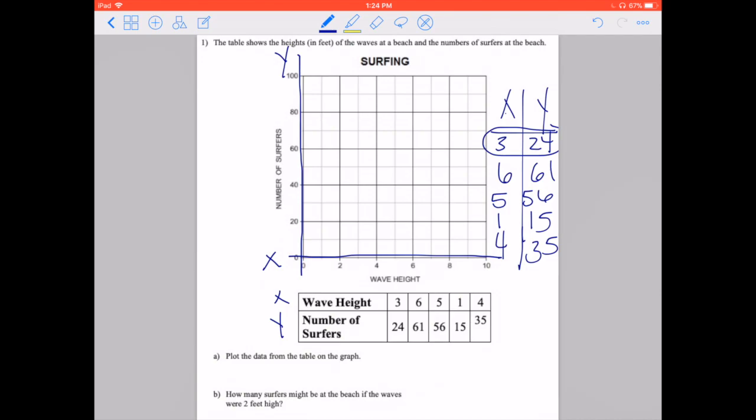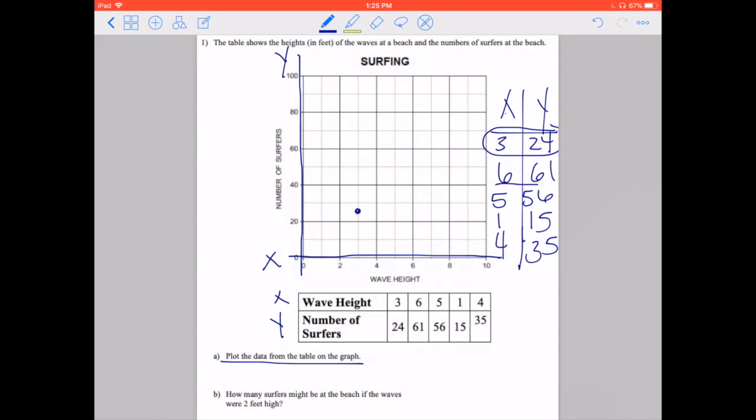So in order to plot the data from the table into the graph, what we need to do is take each of these ordered pairs and place them in here as a point. So we have 3, 24. So what I would do is go down to the 3 on the x-axis and then go up to 24 on the y-axis, and that's where our point would be right there.